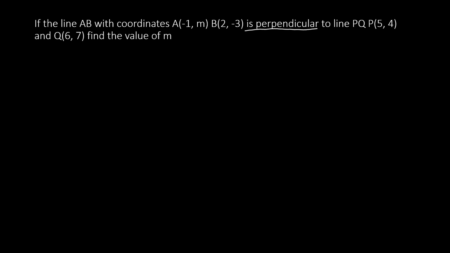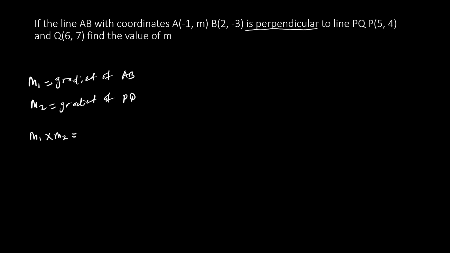Therefore, if line AB is perpendicular to line PQ, and we are assuming that M1 is the gradient of AB, while M2 is the gradient of PQ, then M1 multiplied by M2 must be equal to -1, which is the condition for perpendicularity. For the first part, let's find M1.